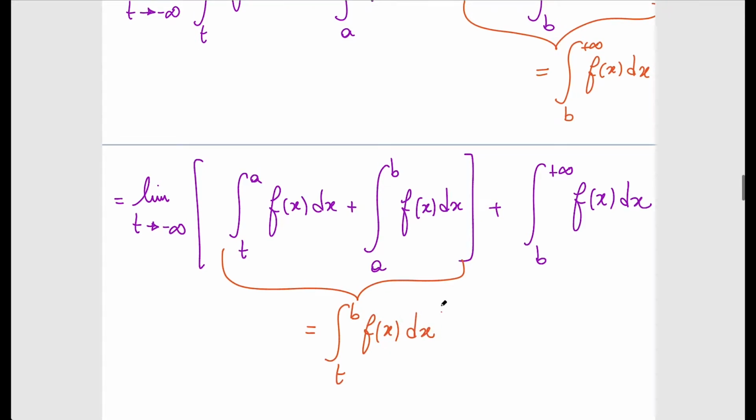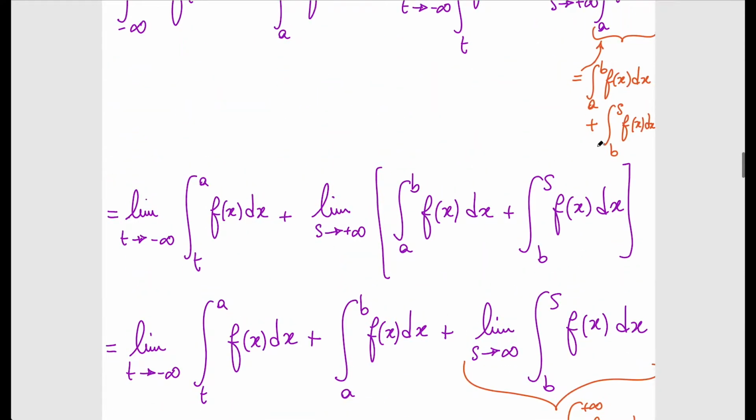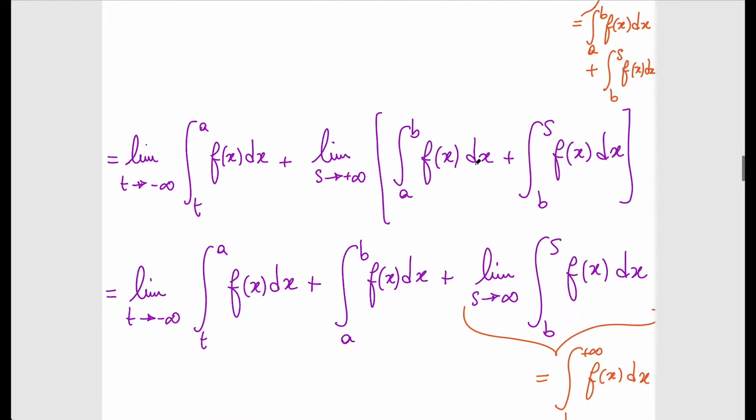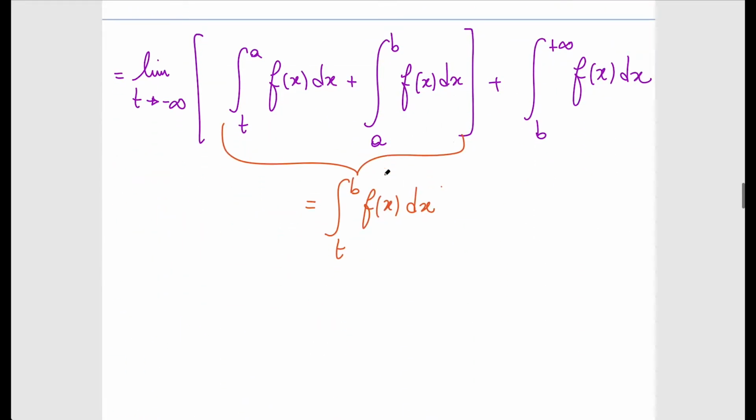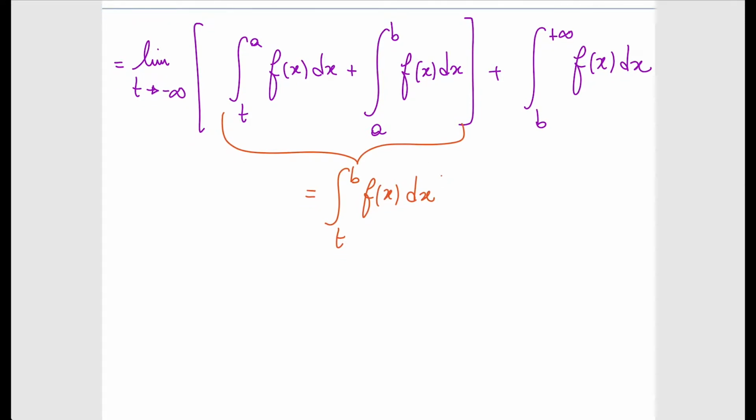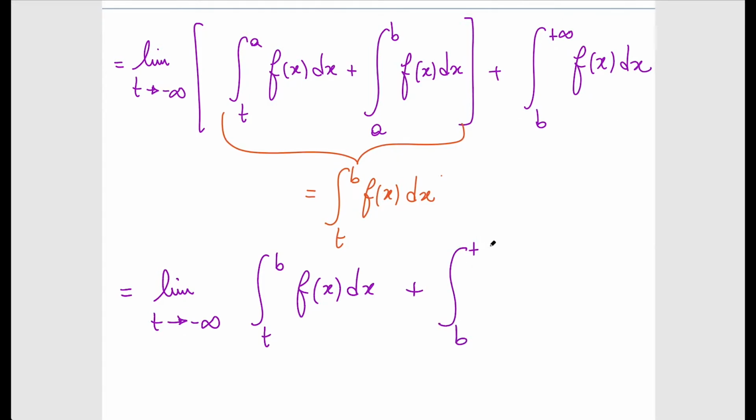Correct? So it's the same game as that, but backwards. So we get this. And this is then equal to the limit as t goes to minus infinity of that guy. So this integral plus this piece.